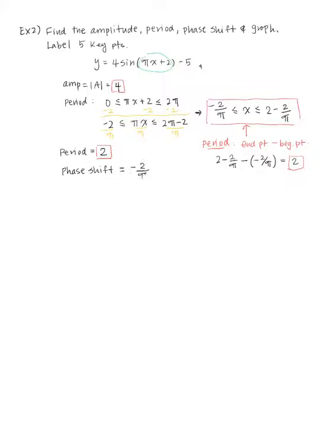Negative 2 over pi. So that's it. Phase shift is always the beginning of the interval, so that will be negative 2 over pi.